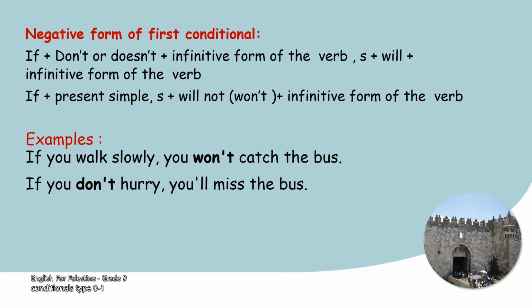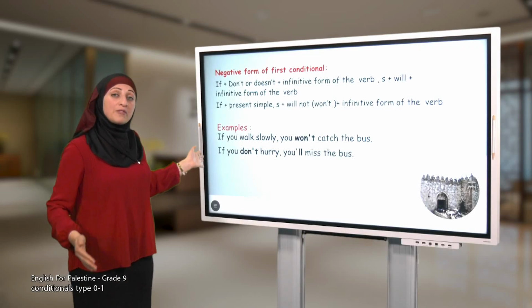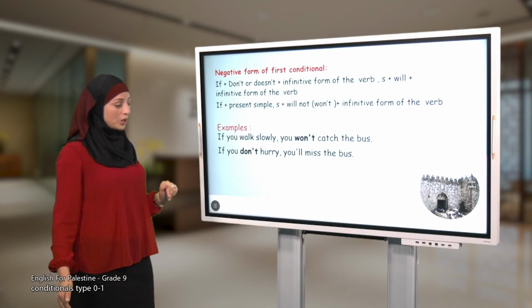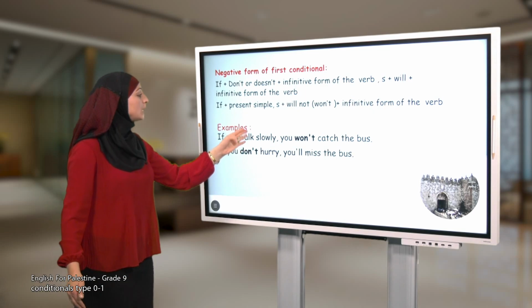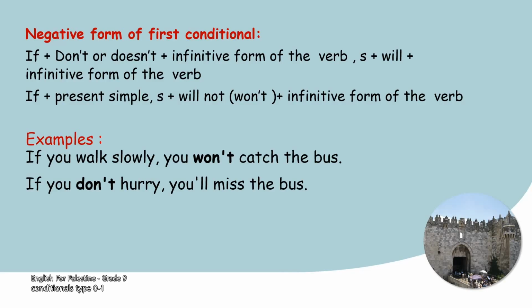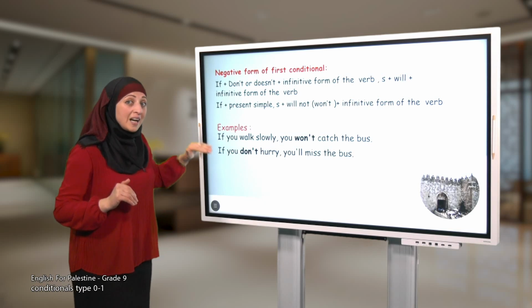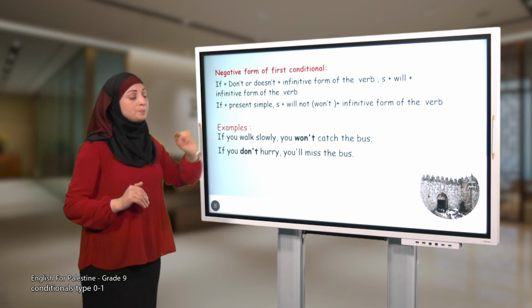If plus present simple, comma, subject plus will not plus infinitive form of the verb. I have examples here. Please concentrate. If you walk slowly, you won't catch the bus. Here, I negate the main clause. Here, sentence number 2, if you don't hurry, you will miss the bus. Here, I negate the if clause.